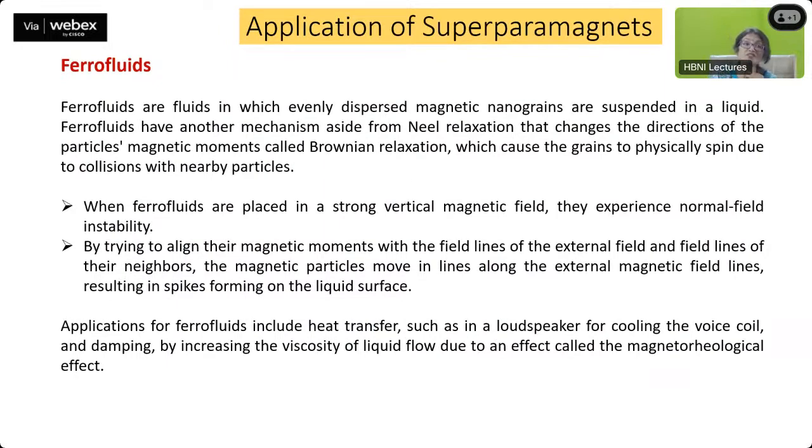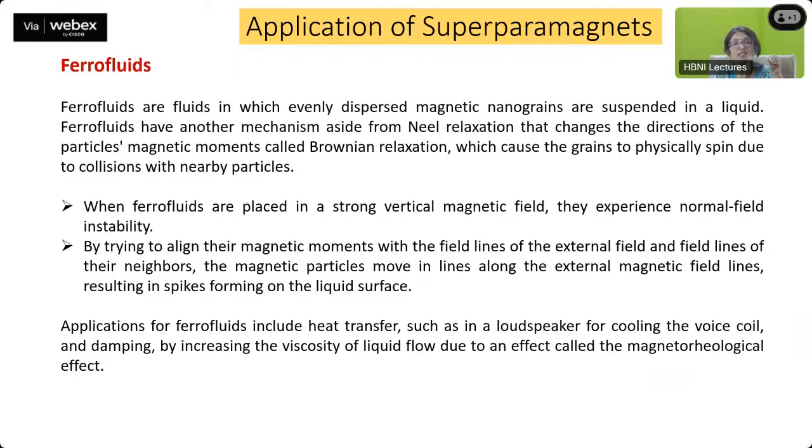Then something known as ferrofluids. Ferrofluids are fluids in which evenly dispersed magnetic nanograins stay suspended in the liquid. Ferrofluids have another mechanism aside from the Néel relaxation that changes the direction of the particles' magnetic moments, which is known as the Brownian relaxation. And this causes the grains to physically spin due to collision with nearby particles.